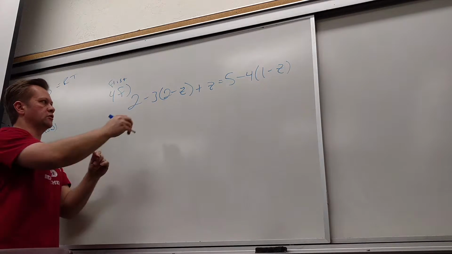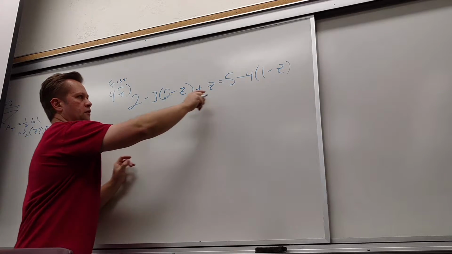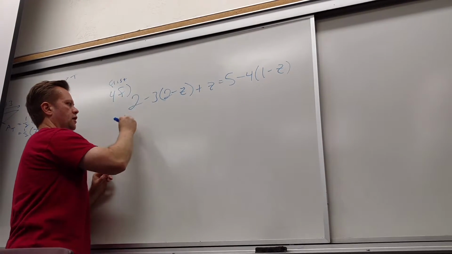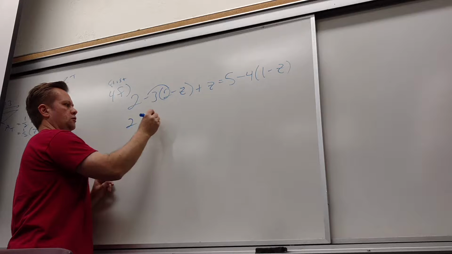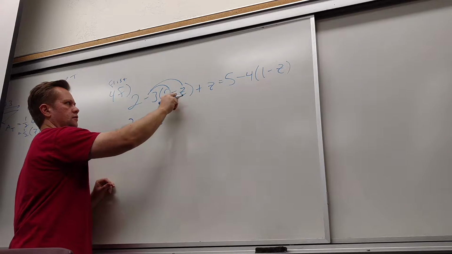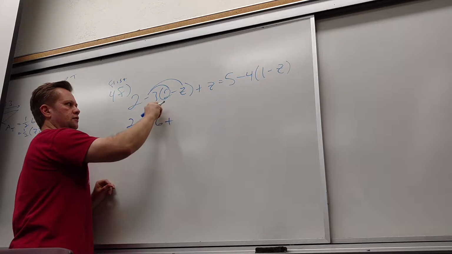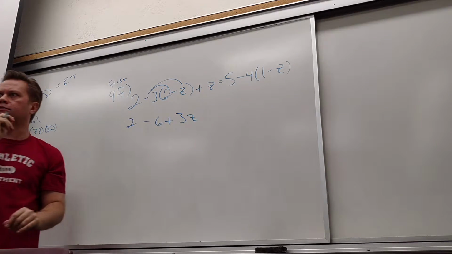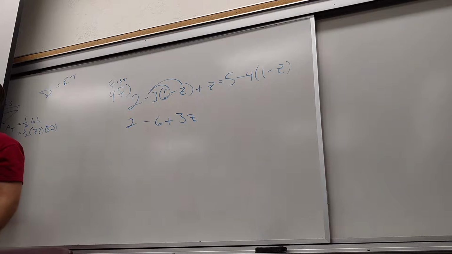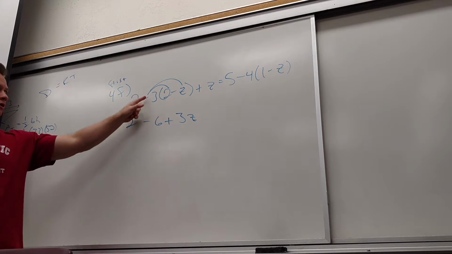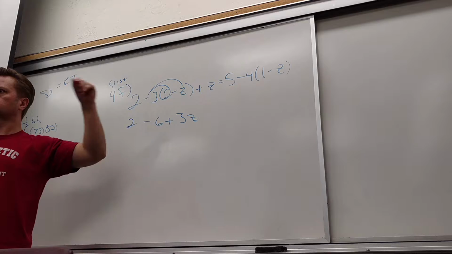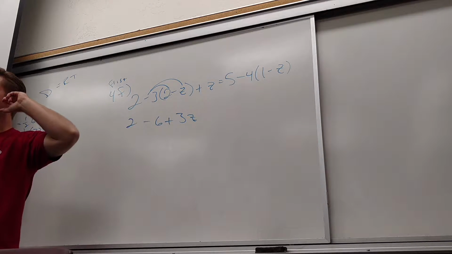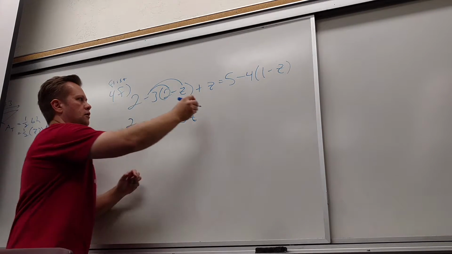Good. And the numbers I'm distributing are both negative. So I get 2 minus 6, plus Z, plus 3Z. All right, let me stop there. Is that cool? So that's the first common mistake you've got to plow through. That's a negative. It's got to come with it.